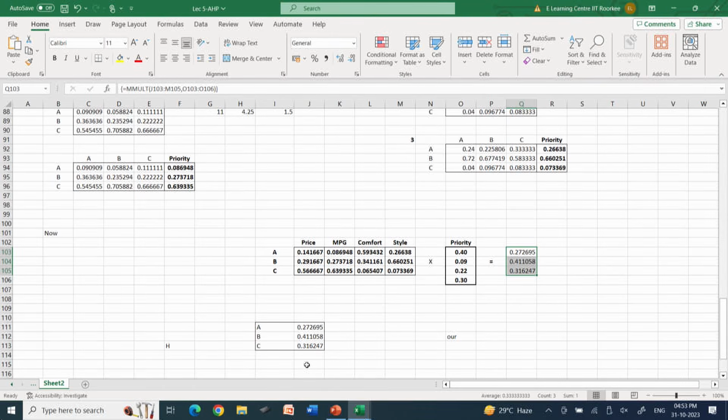So my final conclusion is that car B, which gets 41 percent, is the best alternative for selecting the car. For this set of criteria and this set of pairwise comparison matrices, we are suggesting car B is the best option for that respondent.